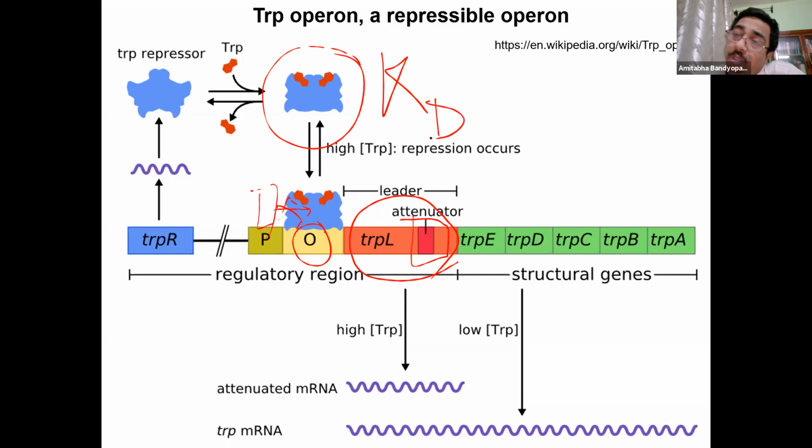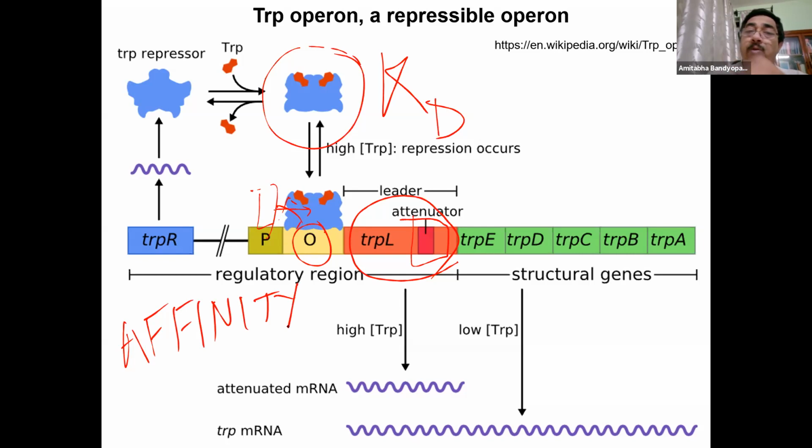Okay? If the dissociation constant is low, then the associated state is the more favored state. So it is basically dictated by affinity. What is the affinity of the repressor to tryptophan?